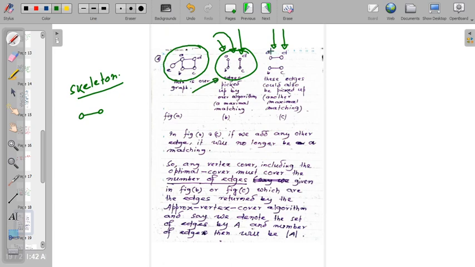Okay. And any optimal algorithm must cover the skeleton edges, because we have seen that if I am covering these edges, then all the edges incident on them are covered, and there is a chance that we can cover all the edges in the original graph.